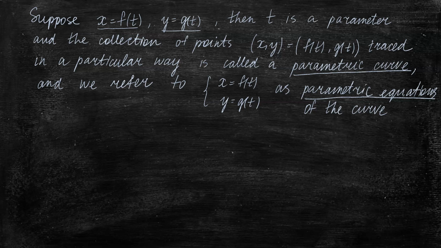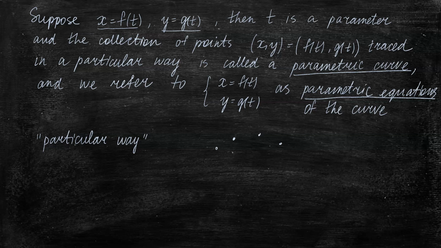So first of all, let's specify what it means "a particular way." If you have 4 points, or any number of points, for example, these 4 points can be traced in many ways.